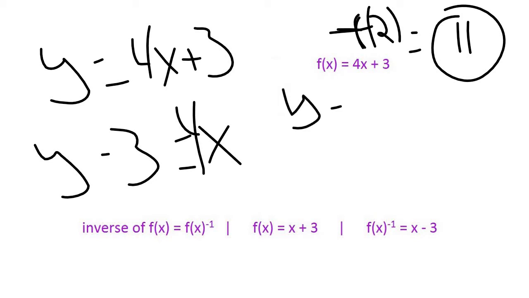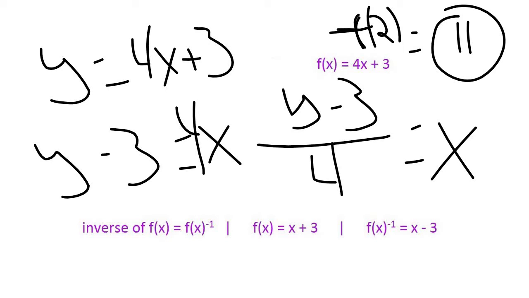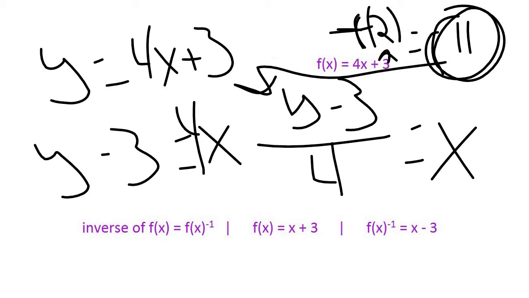So y minus 3 over 4 is equal to x. Alright, so now let's plug in this value we have right here for y. So 11 minus 3, that is equal to 8. 8 divided by 4 is equal to 2. And we have our 2 right there. So this is the inverse.